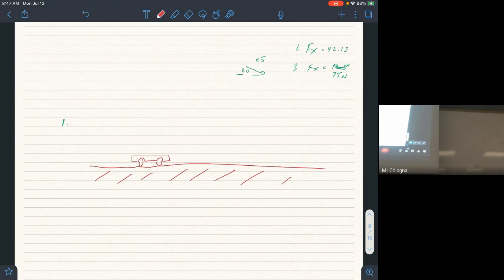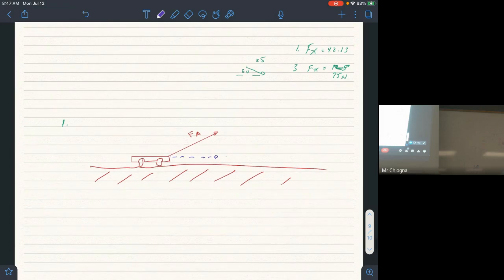It's being pulled by the handle. That's your FA. I call it FA. This is your FX. And FA makes an angle of 40 degrees.